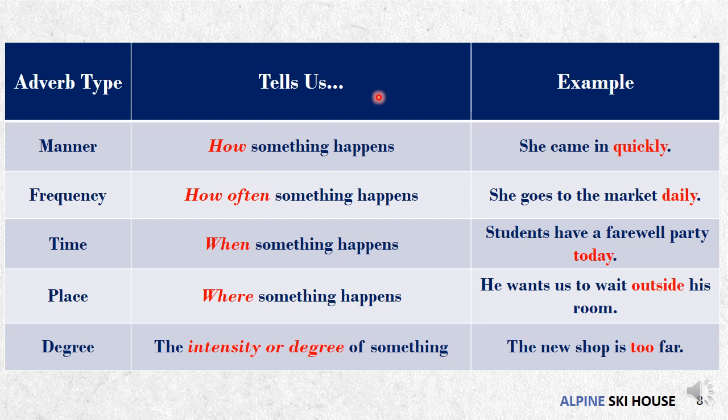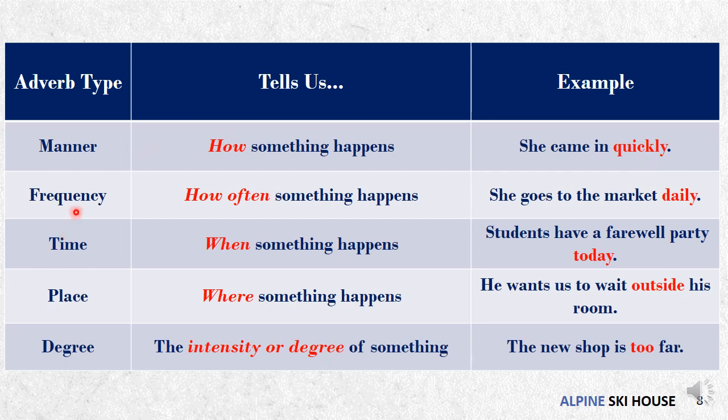We'll look into it. First, adverb type of manner. It tells how something happens. How did this happen? How did that happen? Everyone has a question. So adverb of manner says how something happens. She came in quickly. How did she come? We'll say she came in quickly.